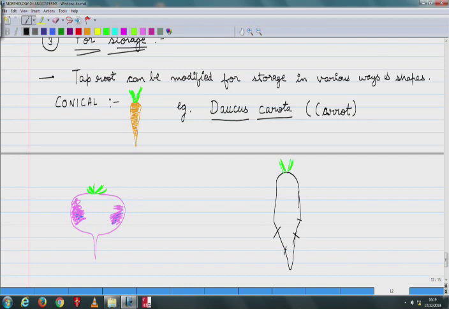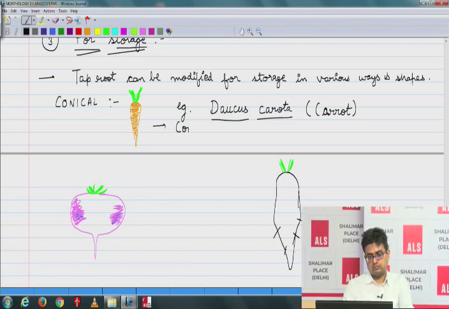Conical modified storage taproot found in carrot.